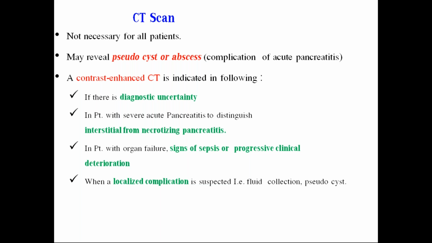So contrast CT scan taken after 72 hours is the gold standard. It is indicated in diagnostic uncertainty, severe acute pancreatitis, to rule out necrosis, signs of sepsis and progressive deterioration, and complications.